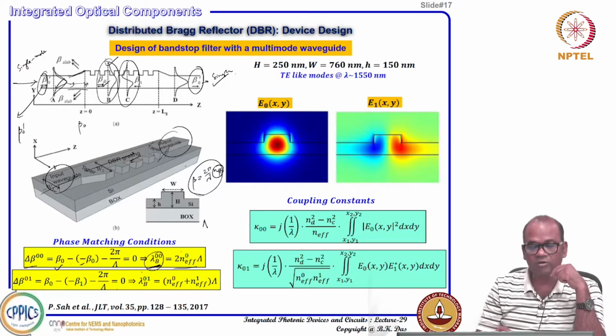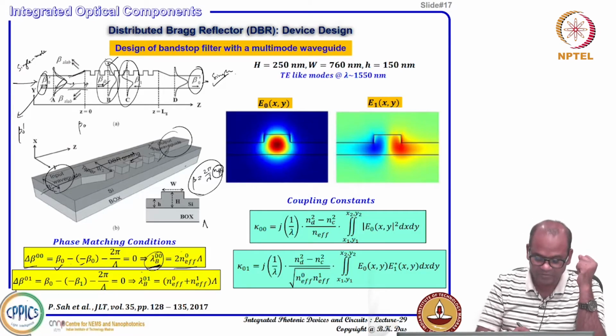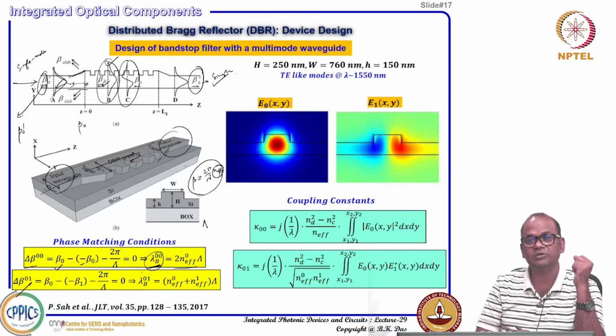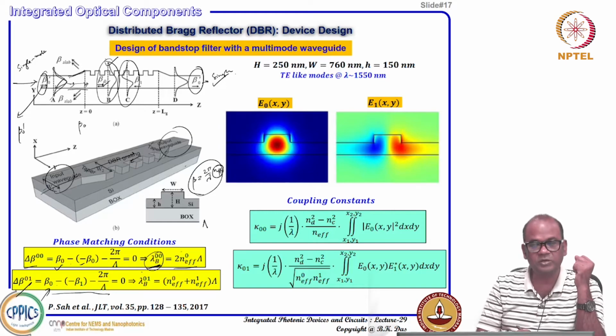So, you can get a Bragg wavelength here, and around it a stop band. For another phase matching condition, consider delta beta 0 1, meaning the forward propagating fundamental mode and the backward propagating first order mode, minus beta, that is the delta beta expression with 2 pi by lambda, which must be equal to 0.